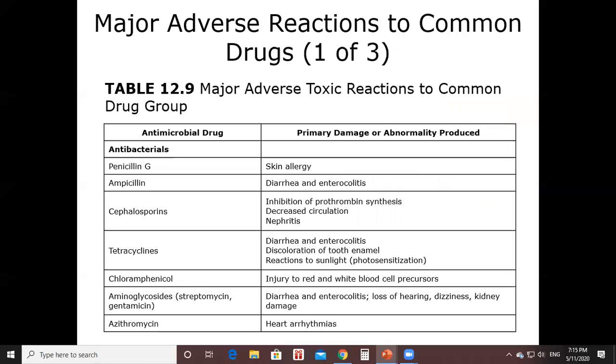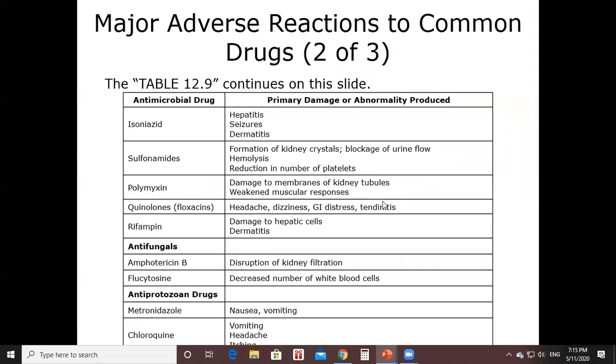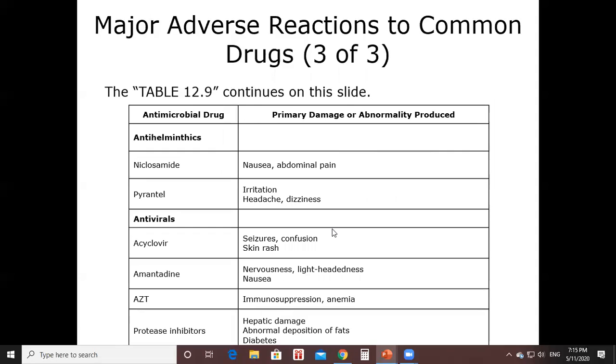And then some of the adverse reactions: penicillin, ampicillin. Some of them cause diarrhea, enterocolitis, and these are some of the side effects of some antibiotics. Adverse drug reactions, once again, you don't have to know these, but these are some of the common ones. So anemia, immunosuppression from AZT.